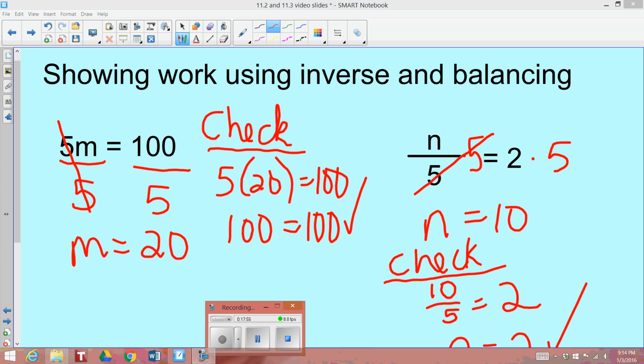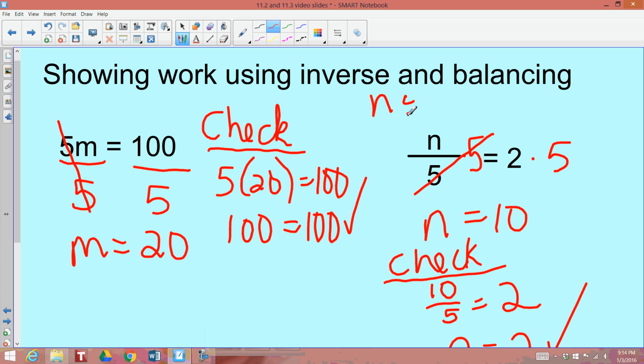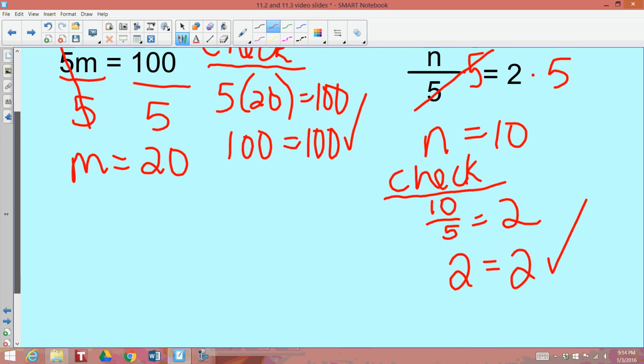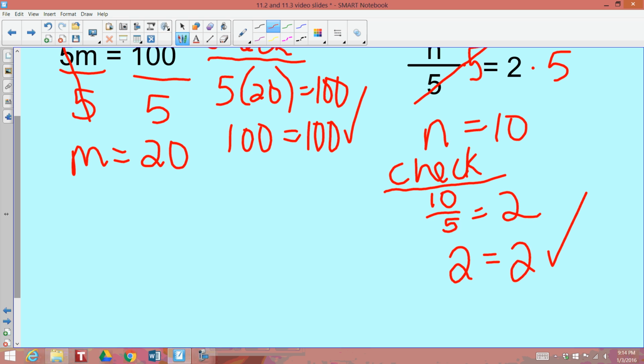N divided by 5 times 5, these two are just opposites and cancel each other out. So you're just left with n, but when we multiplied one side by 5, we have to multiply the other to keep it balanced, and 2 times 5 is 10. And obviously in my check, 10 divided by 5 equals 2, and 2 equals 2.